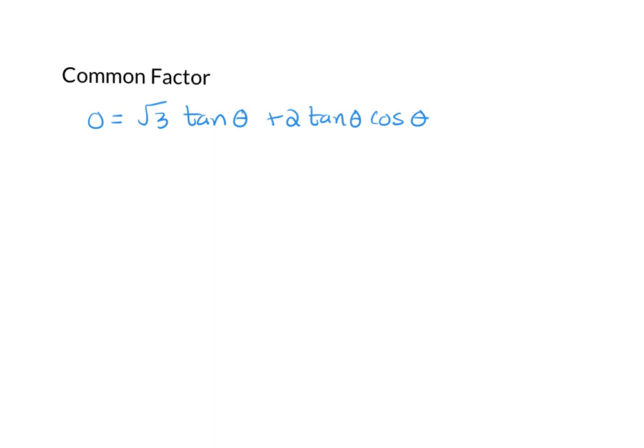Okay, so we have 2 terms, and both of those terms have a common trig function. So we can factor that trig function out in front. So I can take tangent of theta out, divide it out of both terms, so you're left with square root of 3 plus 2 cosine theta.